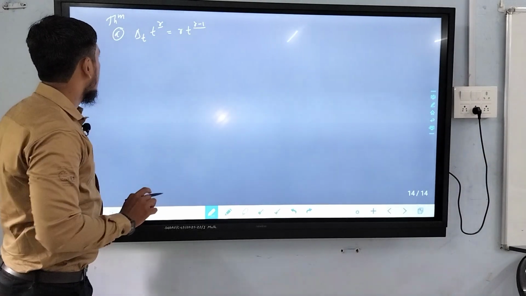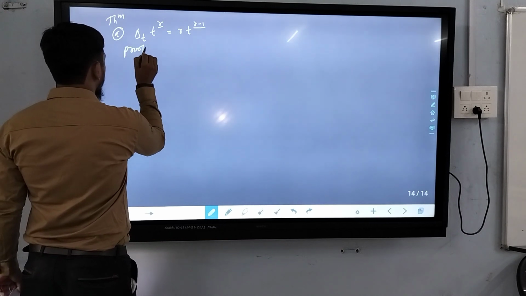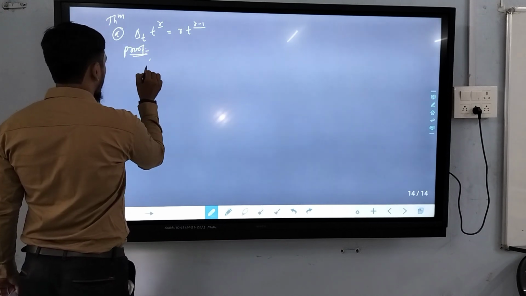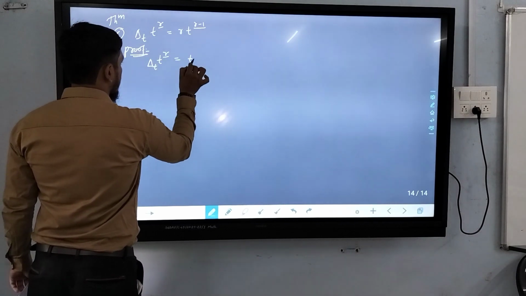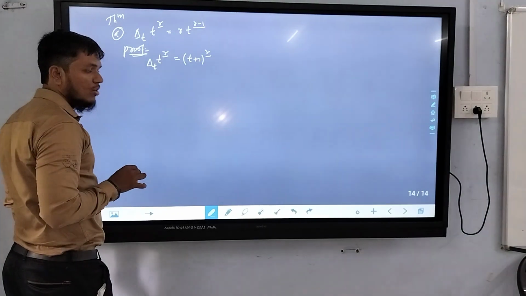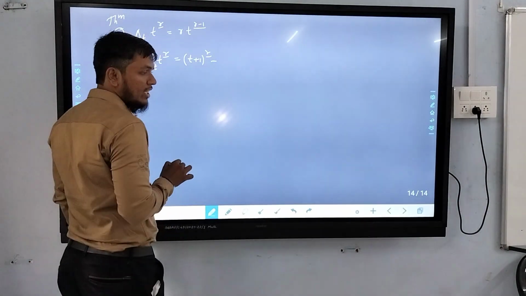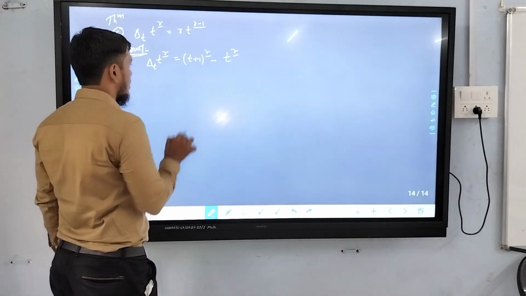So see here how to prove. Simply use the definition of the delta difference operator. For t to the r falling, firstly t becomes t plus 1 to the r falling, and then after the negative sign the function stays as it is, t to the r falling.